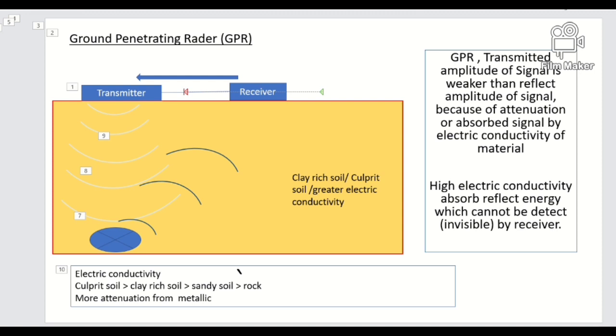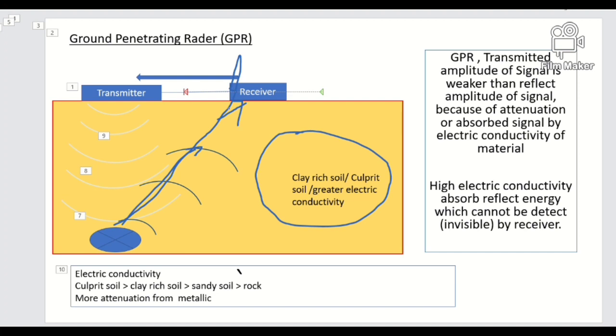Here, the wave is going up to this depth from the object, but it cannot reach the receiver. So this type of material has high electric conductivity, which can absorb the reflected energy. So this object cannot be detected through the receiver. It is invisible. So we have to be alert about this type of material.